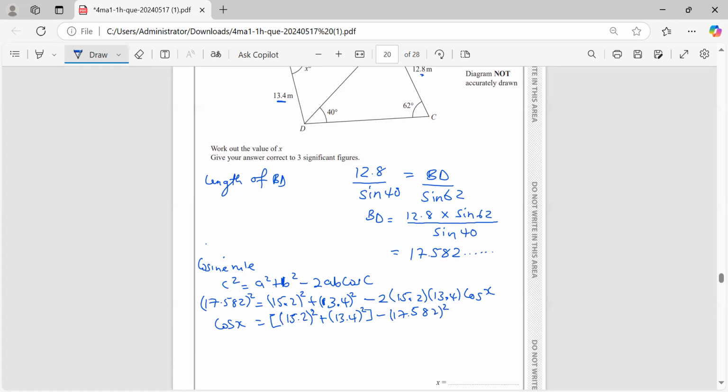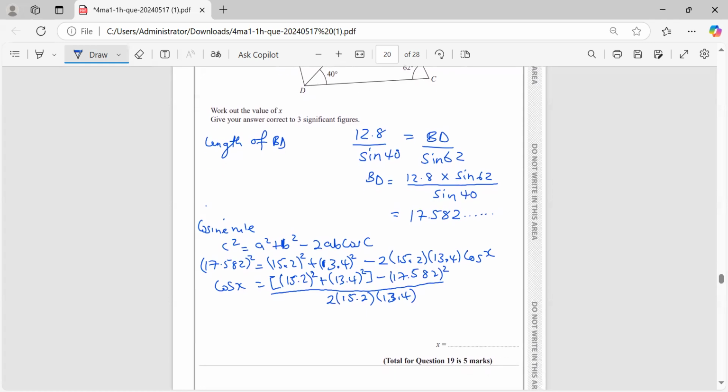Of course, there is this 2 over here, and then you divide by 2 times the product of 15.2 by 13.4. Yeah. All right.